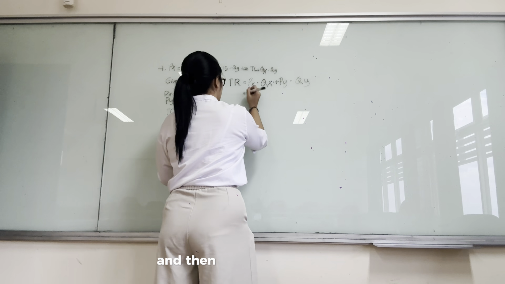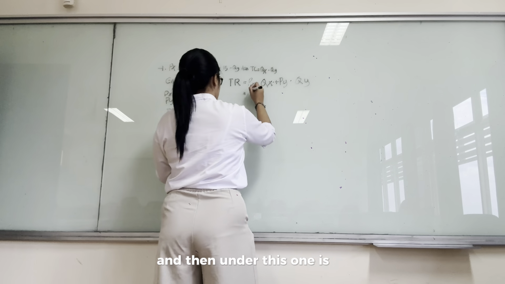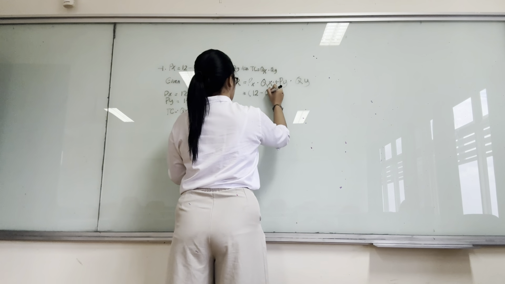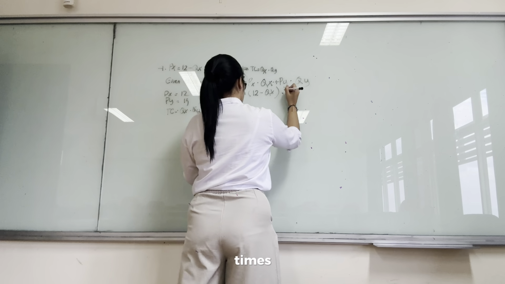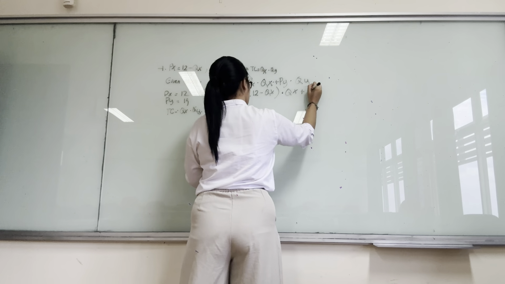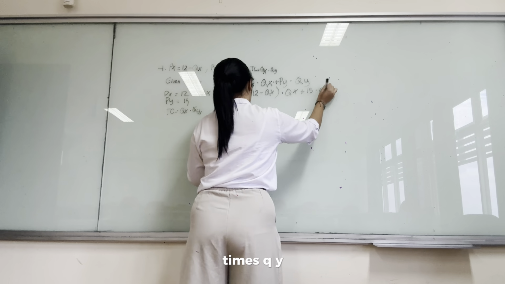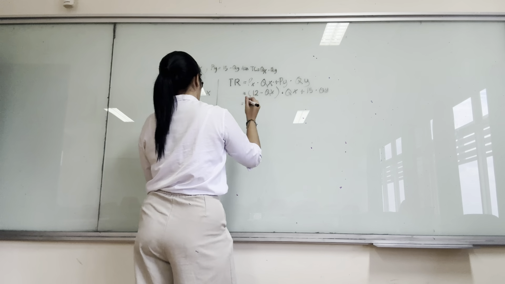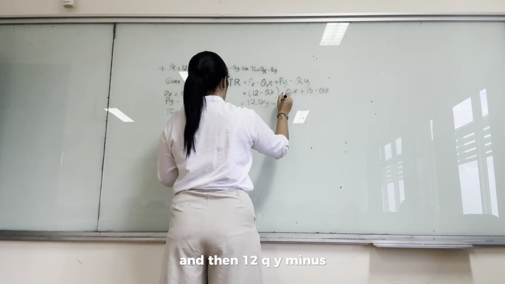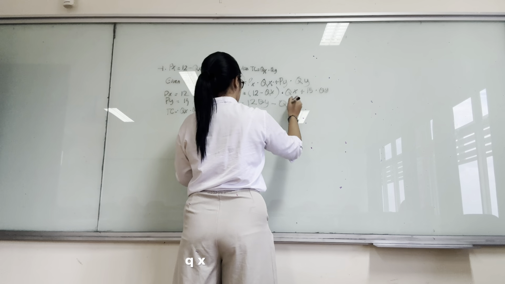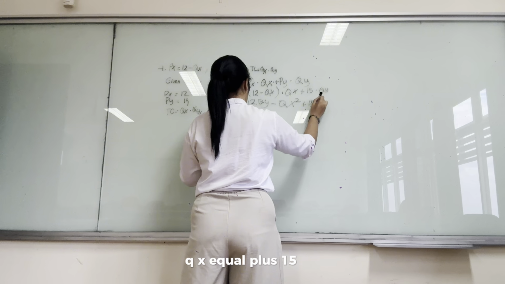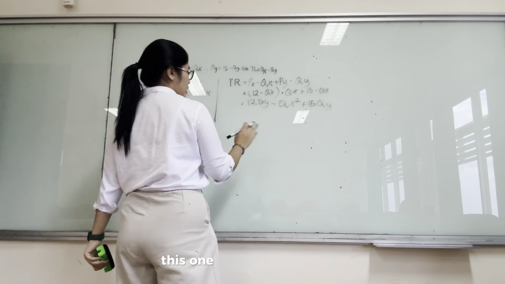And then under this one is 12 minus Qx times Qx plus 15 minus Qy times Qy. And then 12Qx minus Qx squared plus 15Qy minus Qy squared. This one is the total revenue.